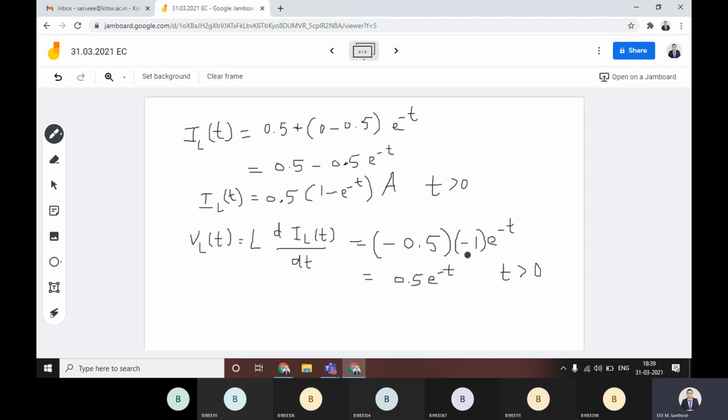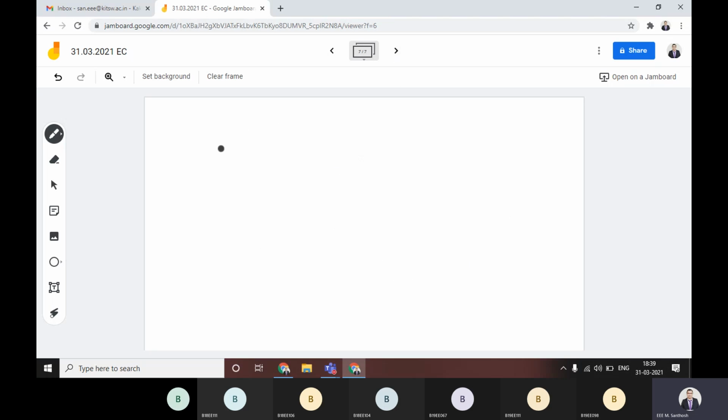Then if you want to express this, simply you can express like this. If you are representing IL at t greater than 0, the IL value is kind of this curve. Here it is settling at this point.